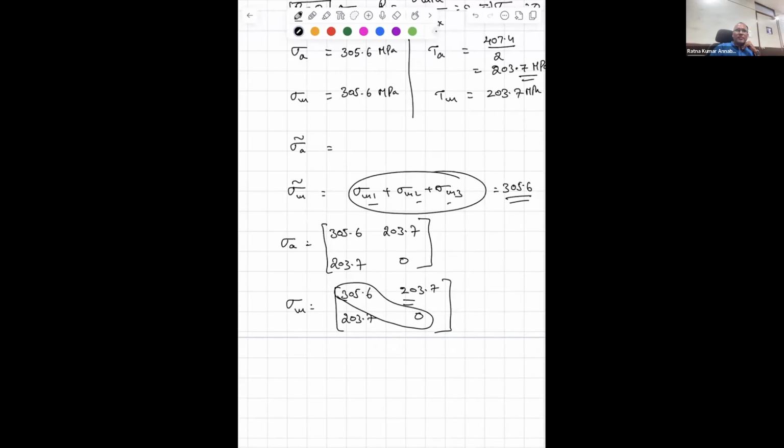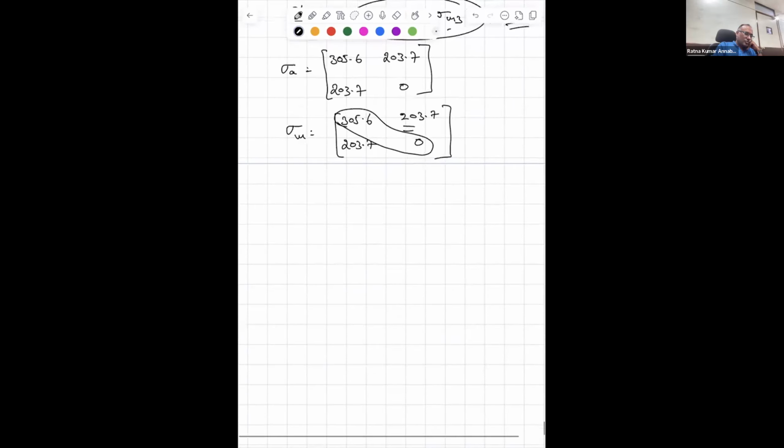Sigma A tilde, we have the formula, or you can try to remember, or you can calculate the way that we have discussed.